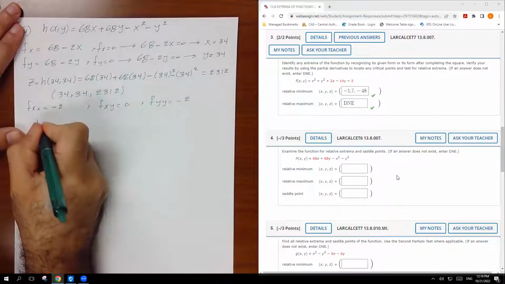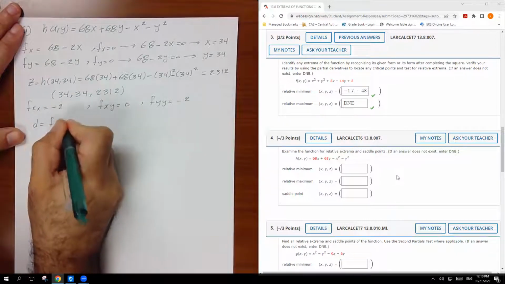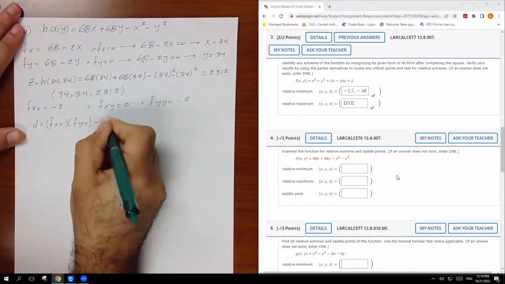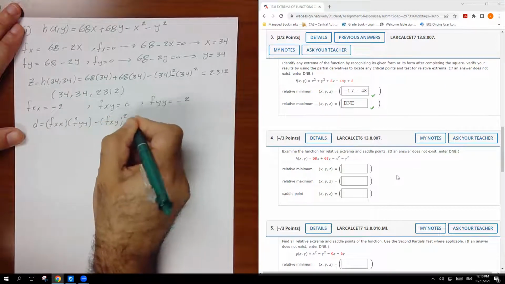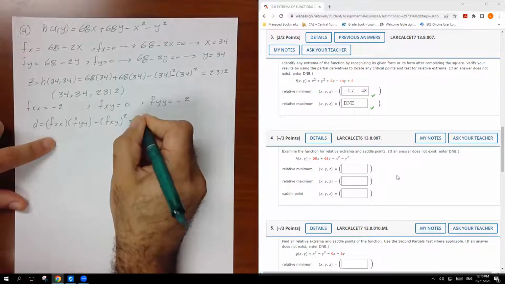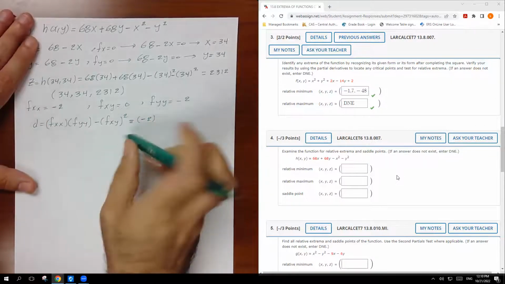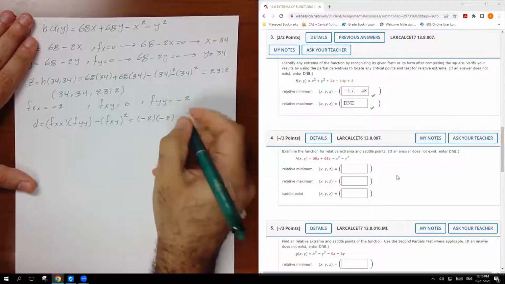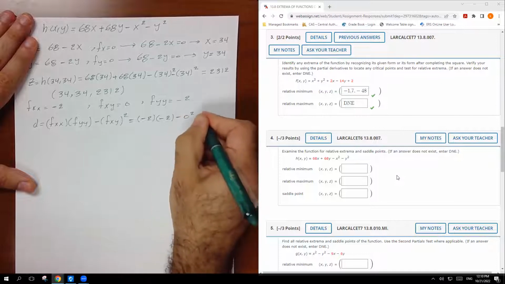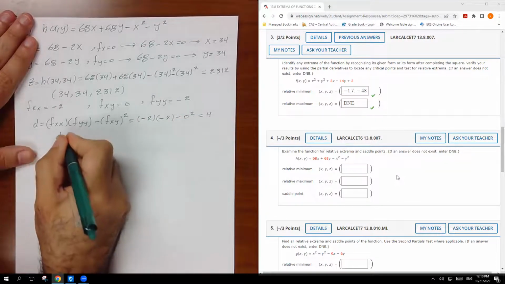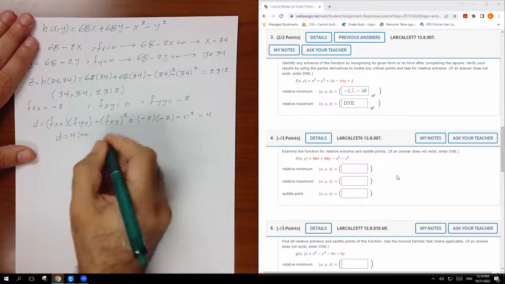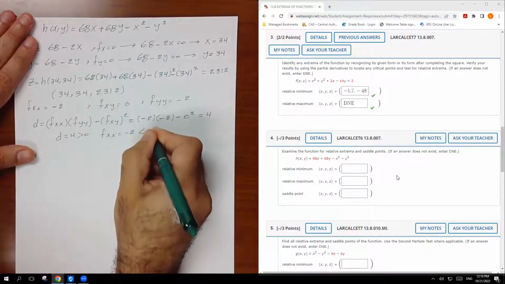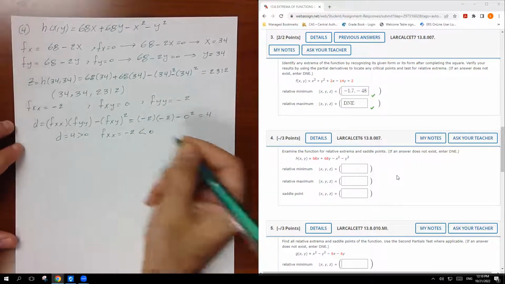So D equals f sub xx times f sub yy minus f sub xy squared, which is -2 times -2 minus 0 squared, and this equals 4. D equals 4, greater than 0, and f sub xx equals -2, less than 0, which is negative.